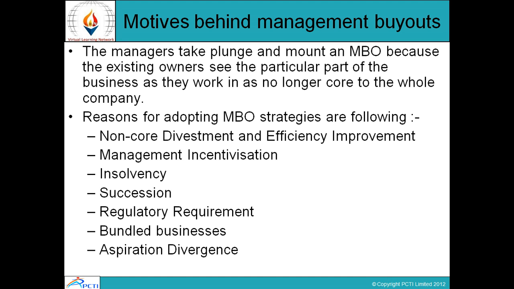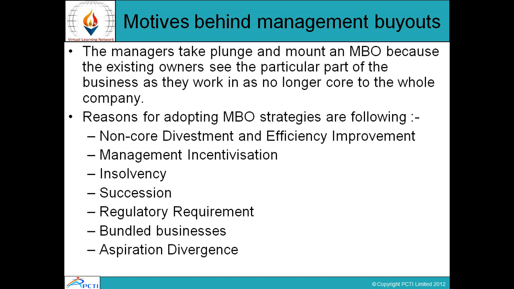Some companies, when they are in financial difficulties, come to the conclusion that they want to sell off assets so that more cash is brought into the company and it is saved from financial ruin. So they may be much more open to MBO offers than they would otherwise normally be.